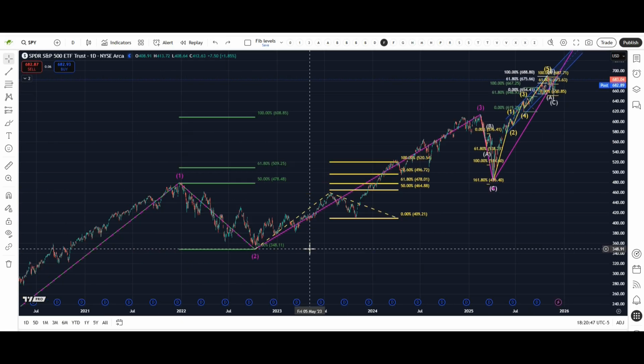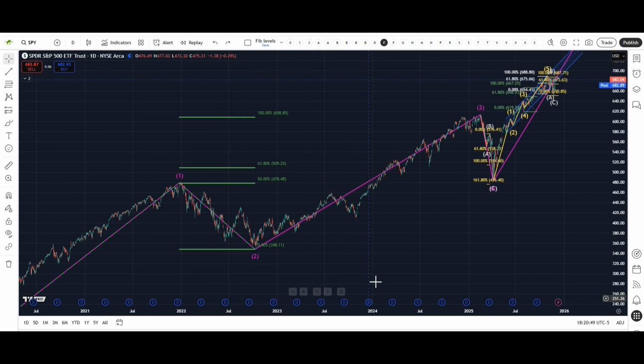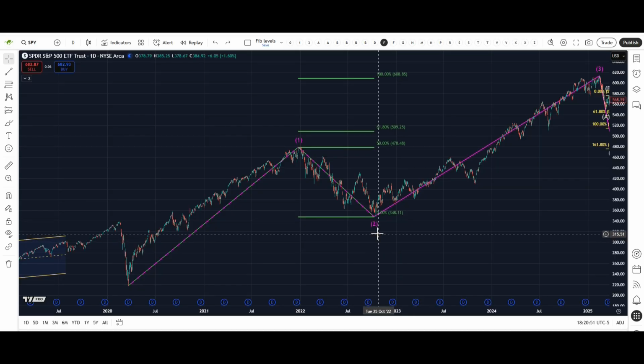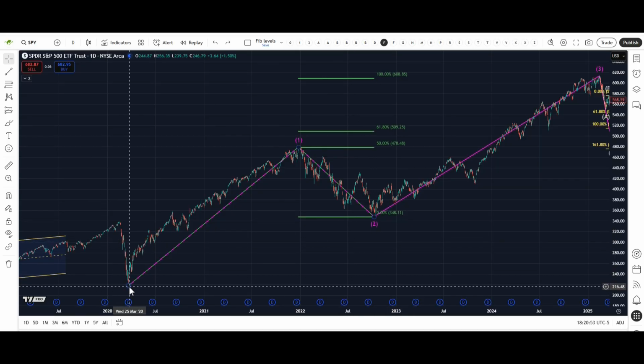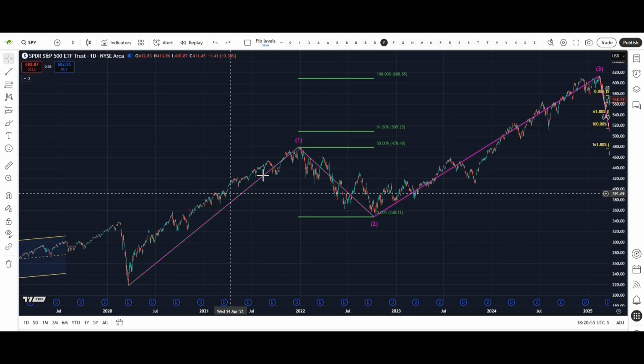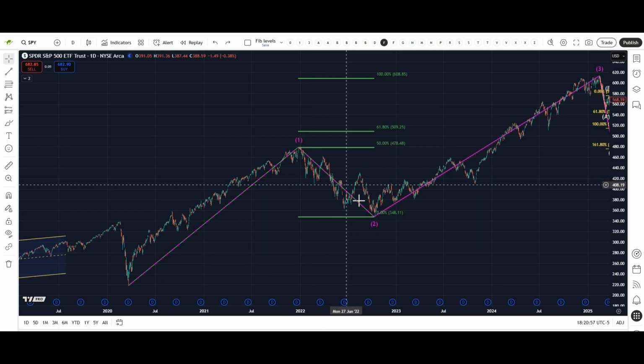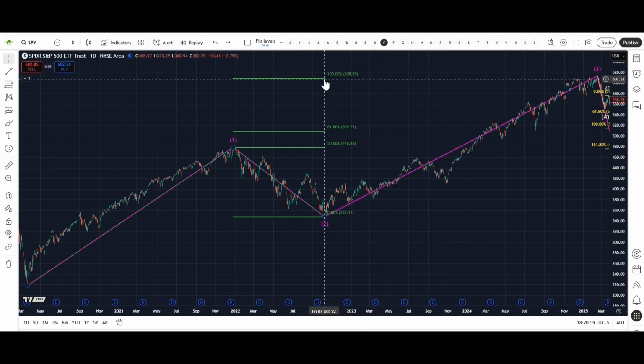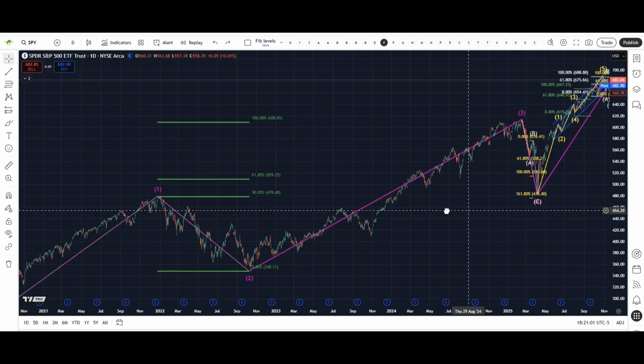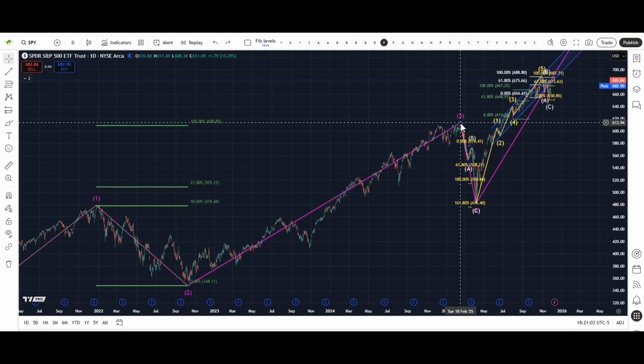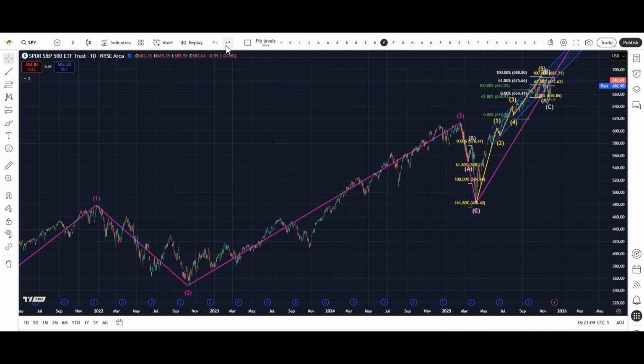Now, if we have a look a little bit further forward, the long-term Fibonacci levels, so from the COVID low, 21 high to the low, we get a 100% measured move area of 608.85, which brings us right to there, the peak before the pullback and where the tariff crash.